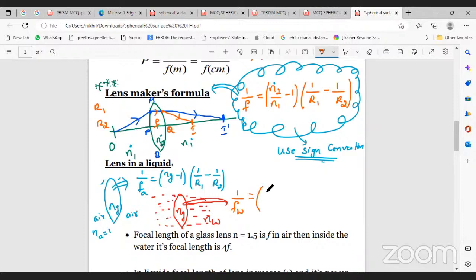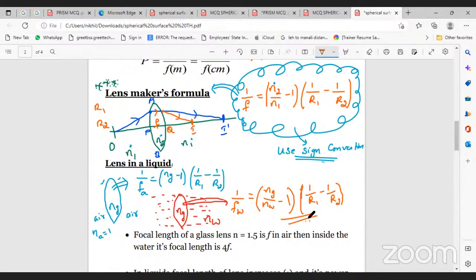So Ng by NW minus 1 into 1 by R1 minus 1 by R2.